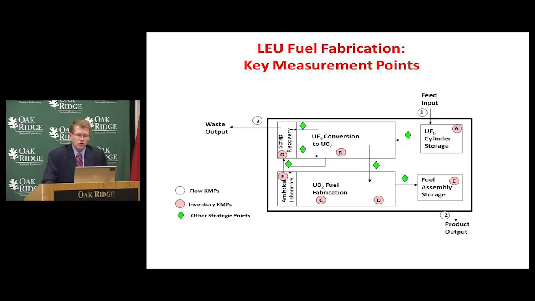And then in the circles, the 1, 2, 3 are the flow key measurement points where material actually flows into and out of the plant that provide the declarations to the agency and areas where the agency has to measure the material.